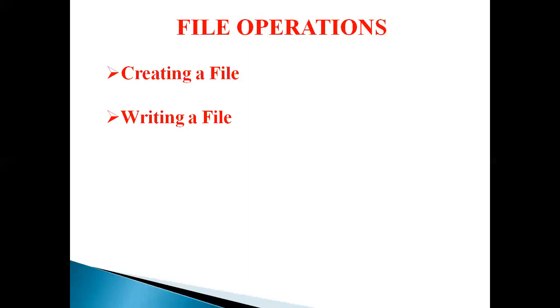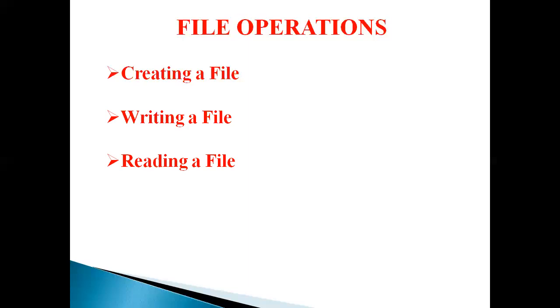Suppose I want to write into a particular file. Then first I will search whether the particular file is available on the disk or not. If the particular file is available on the disk, then only can I do the write operation. Reading a file. For reading a file, the file name is specified in the system call.